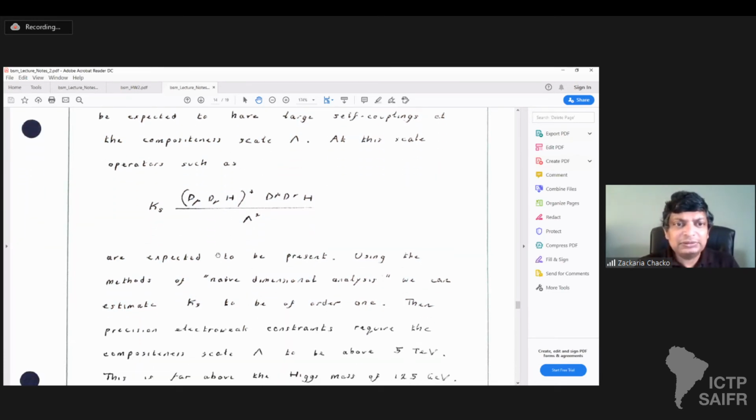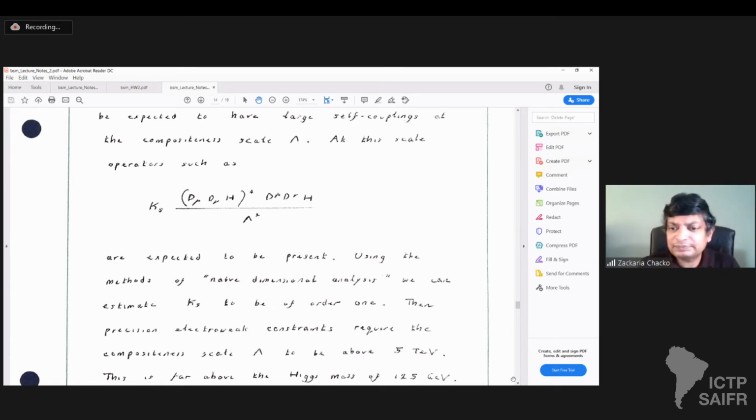You can do some estimate, using methods of naive dimensional analysis, to estimate what this coefficient is. And then you find this is order 1. Then you look up your precision electroweak constraints on the S parameter, and you find that the compositeness scale has to be above 5 TeV.